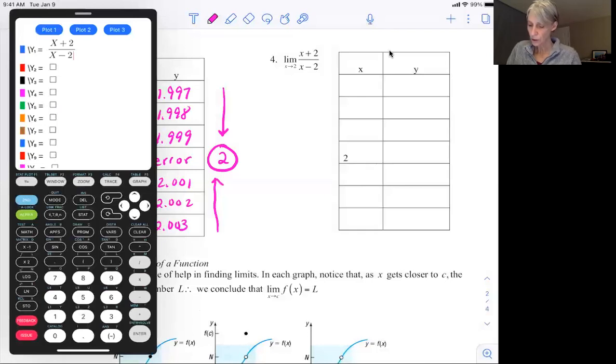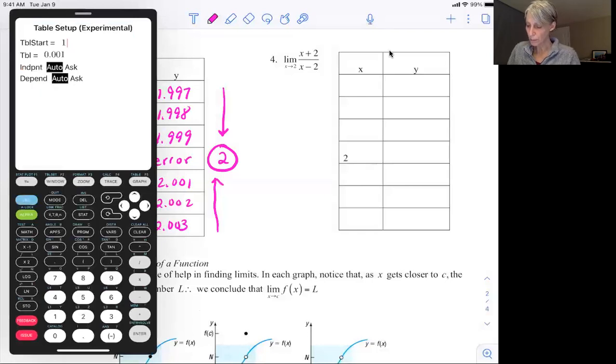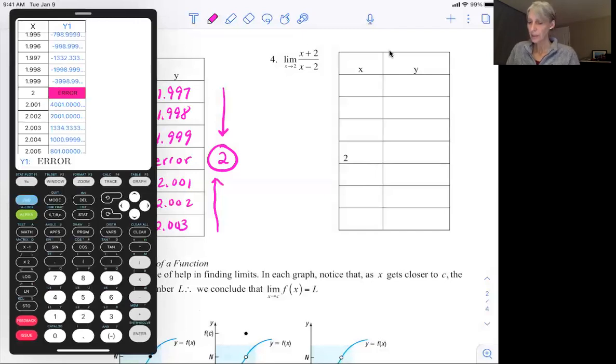This time I'm getting close to 2, so I want to jump my calculator to 2. My x value is 1.997, 1.998, 1.999. Notice my x values are getting closer to 2.